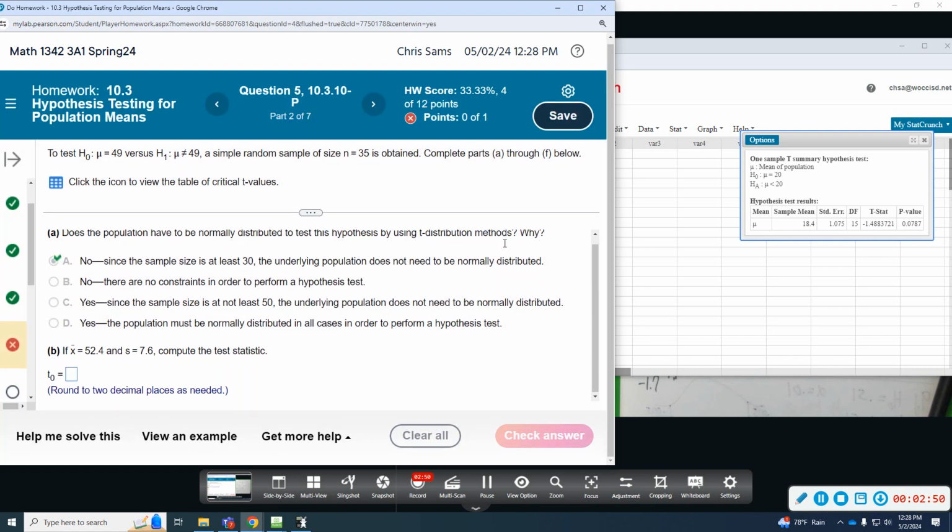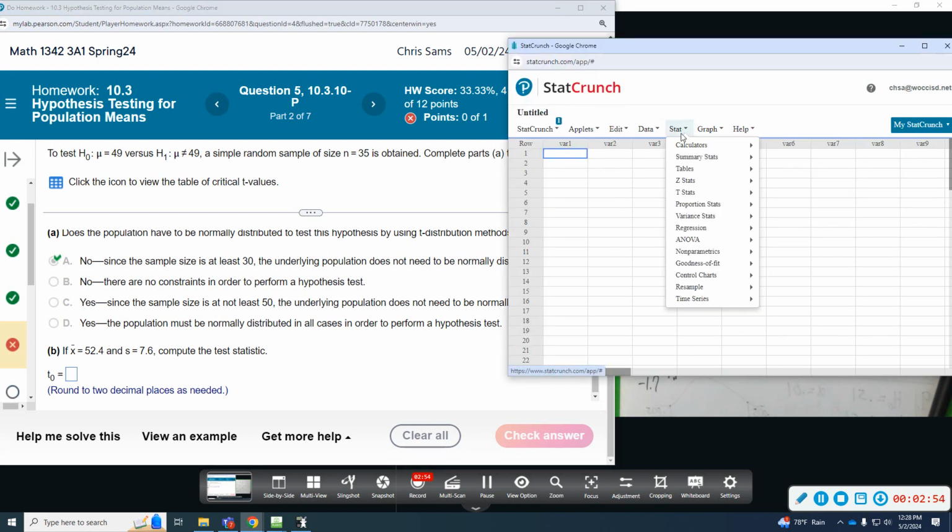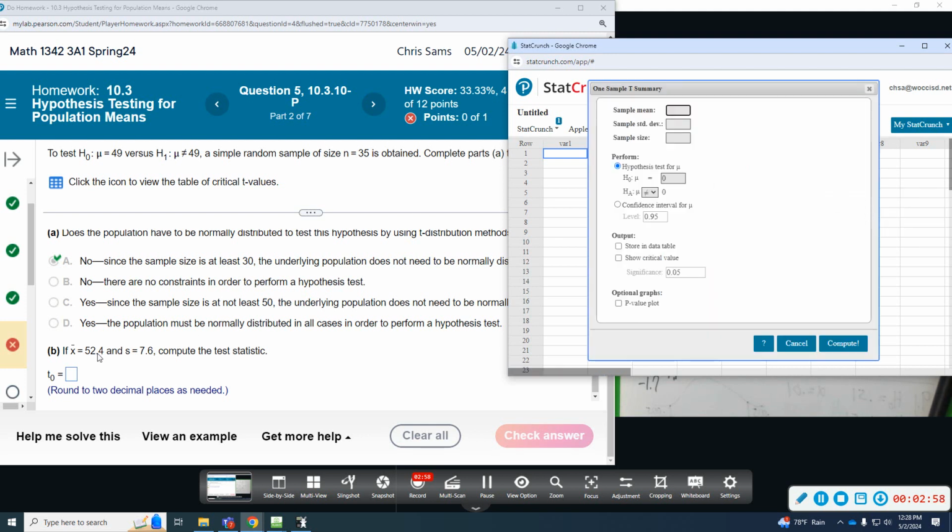We're going to find the test statistic. So I'm going to go back to Stat, T, one sample summary. Sample mean 52.4. Standard deviation 7.6. Sample size was 35. The mean is 49.